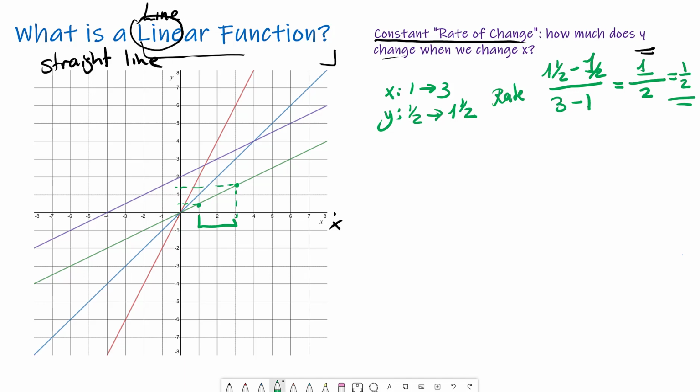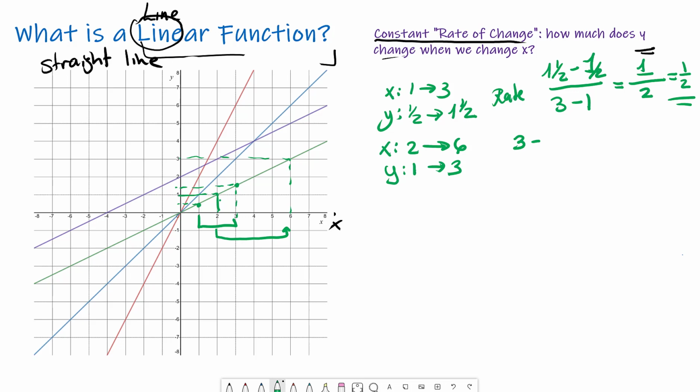Let's look at another 2 points. Let's look at 2 to 6, so x goes from 2 to 6. At 2, our y is equal to 1, and at 6, our y is equal to 3. So what is our rate of change?